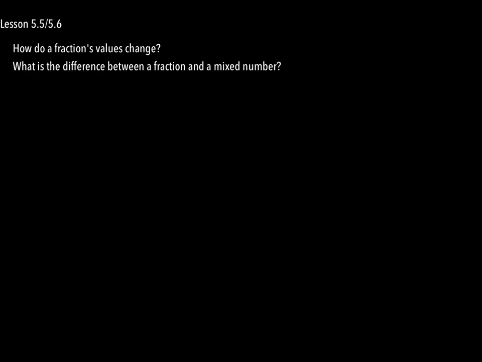Alright, when we look at lesson 5.5, we're going to look at the relative value of a fraction. Which means if I give you this right here, and I color it in, that's going to be 1 of 1. Now, that value is going to change because if I go like this, and let's pretend that's an actual nice looking rectangle, now that's no longer 1 out of 1, that's 1 out of 3.